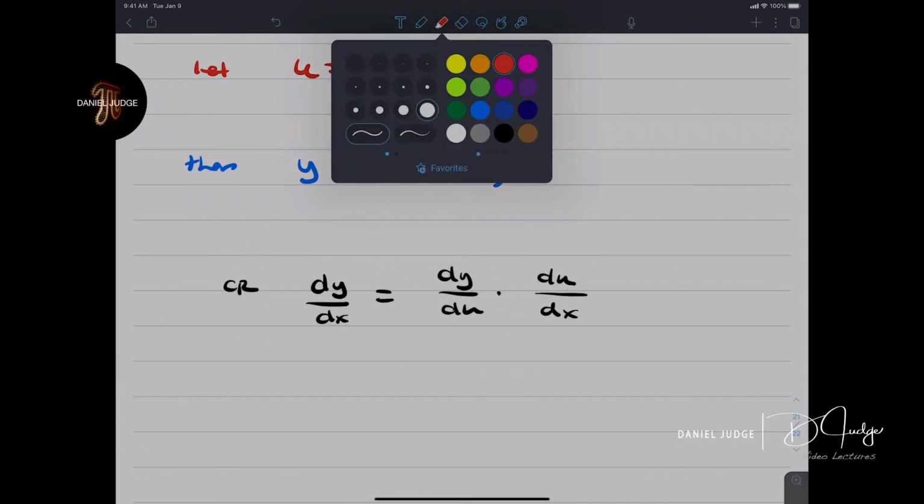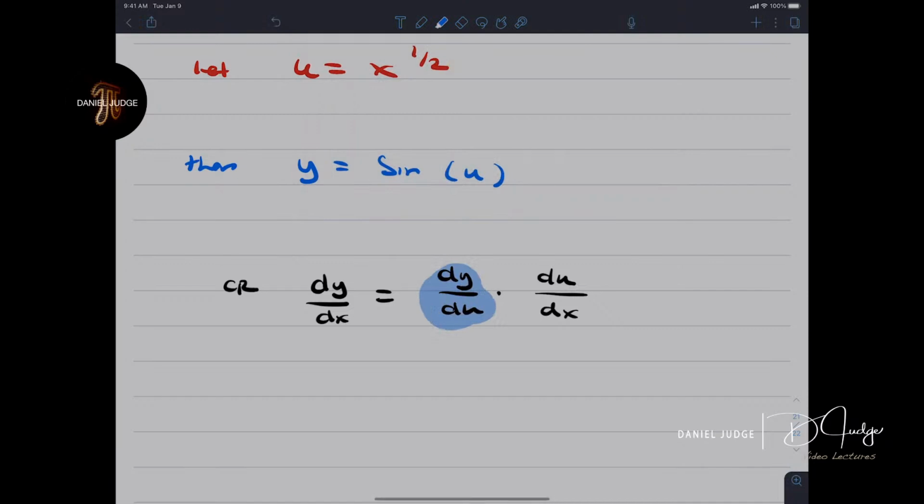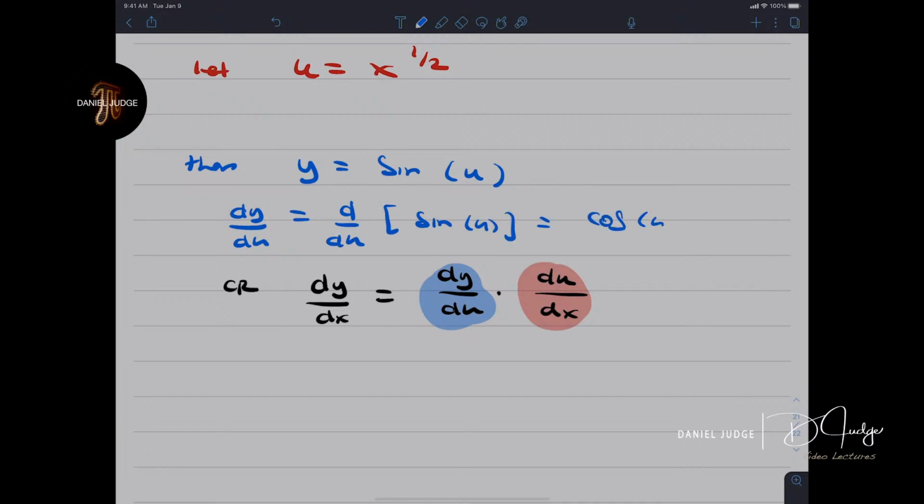Chain rule formula. We need dy du, du dx. So, derivative of the sine function, d du of sine is cosine. So we have cosine here.